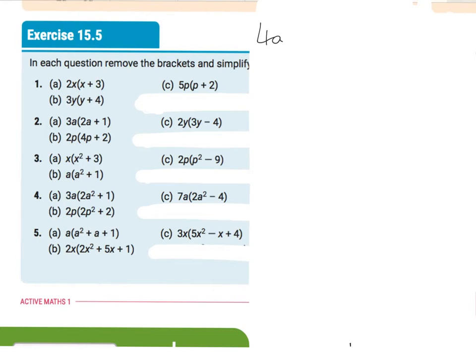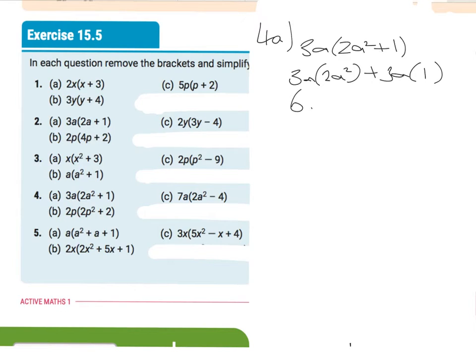Okay, for A, we have 3a outside and 2a squared plus 1. 3a is going to be multiplied by 2a squared, and 3a is going to be multiplied by 1. So we end up getting 6a cubed plus 3a.